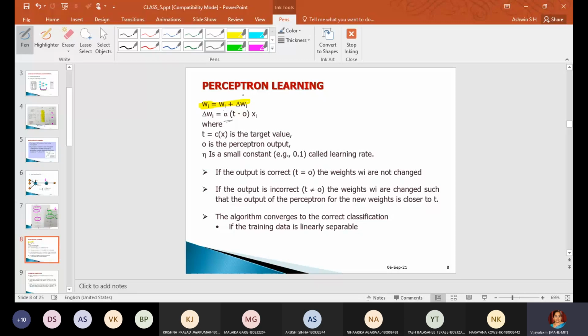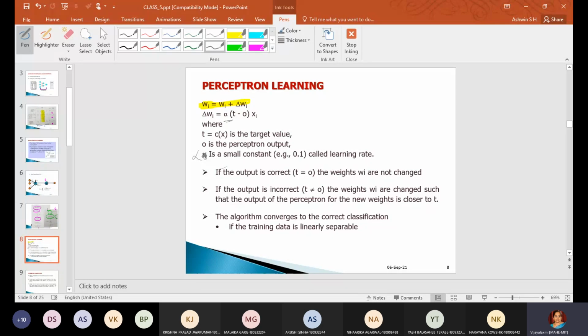What is the delta Wi? That variation in the weight depends on alpha. Alpha is called the learning rate, say 0.1, 0.2, 0.5.